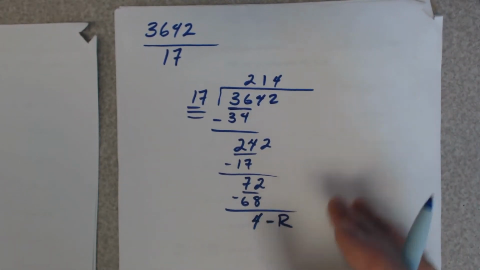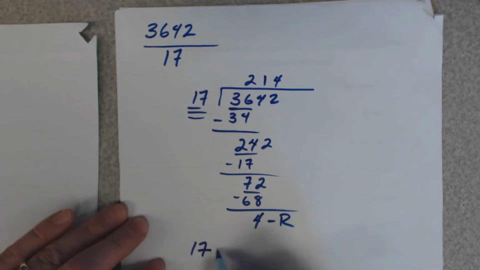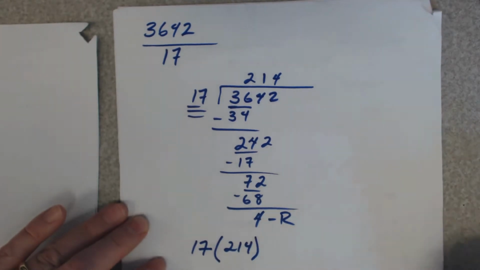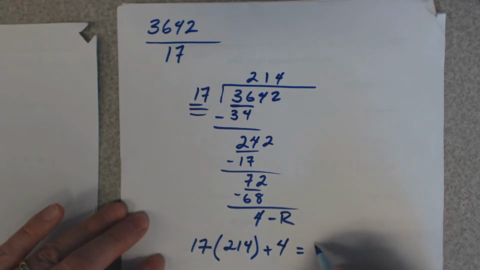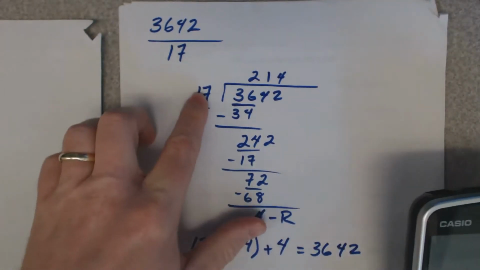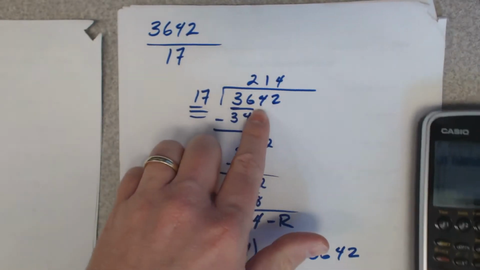So here's what this means. It means that if I take 17 times 214 plus the remainder of 4, I should get 3,642. That's how division works, right? This times your answer should give you what was underneath there.